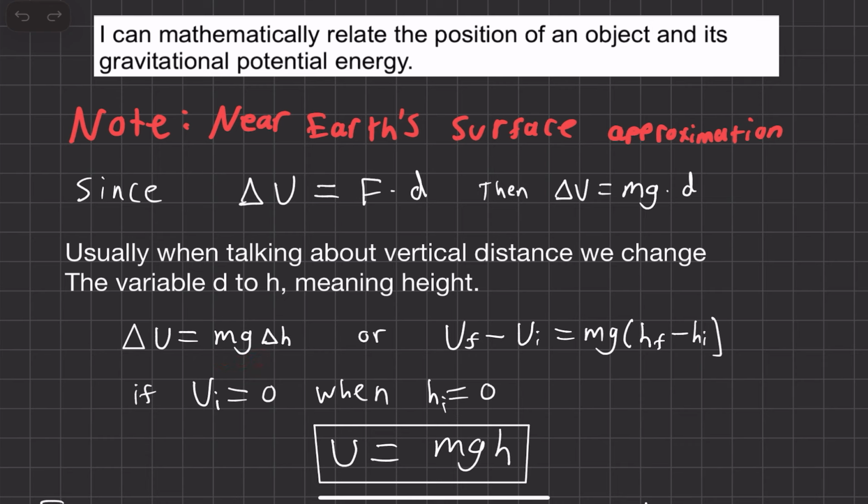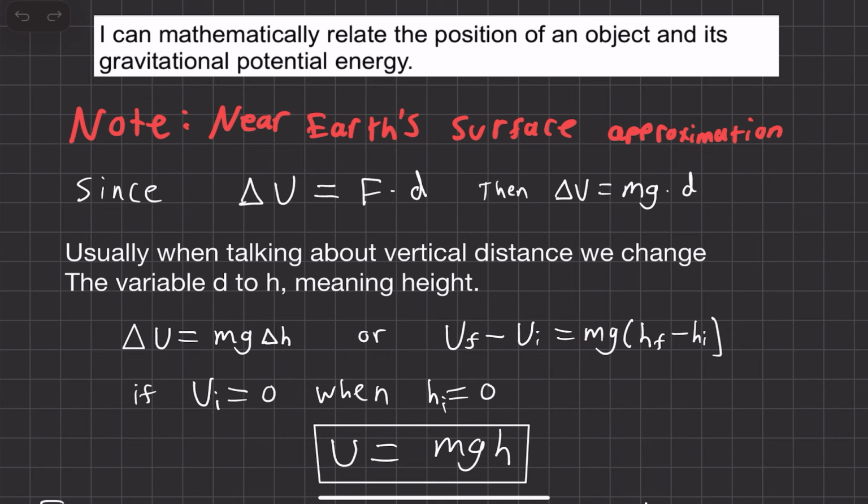Or we'll often write it more like this. We'll break the change in potential energy as the final minus the initial. And we're going to have that equal, well, these two don't change, final and initial. The mass of an object most likely is not going to change, or at least for our assumptions, we're going to assume the mass of an object is not changing.